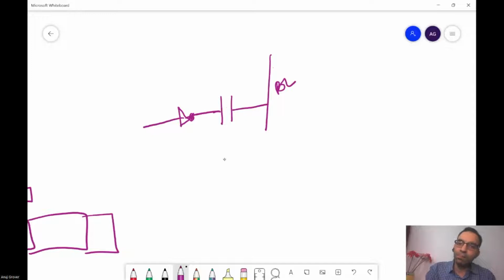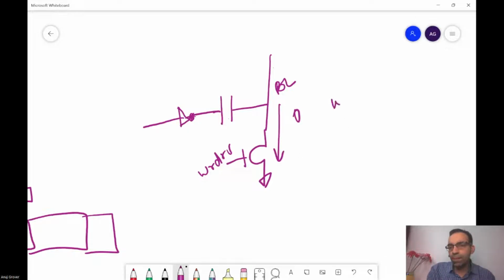On the bit line you put a capacitor which is coupled to an inverter on the other side. So what you do is, through the write driver write signal, discharge the bit line to 0. WRDRV goes 1, BL discharges to 0.